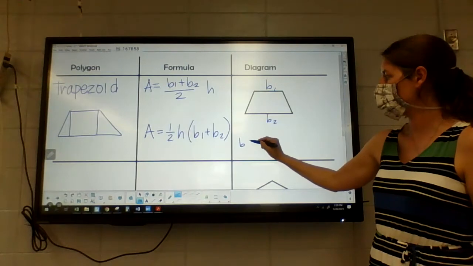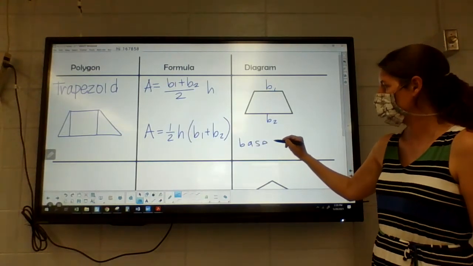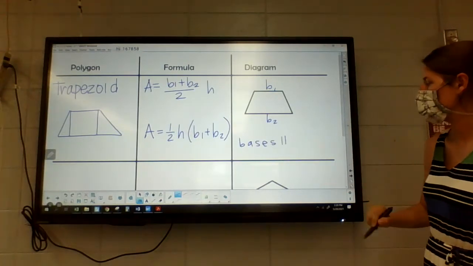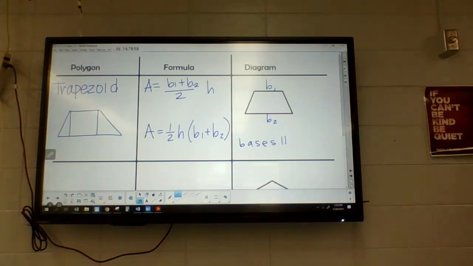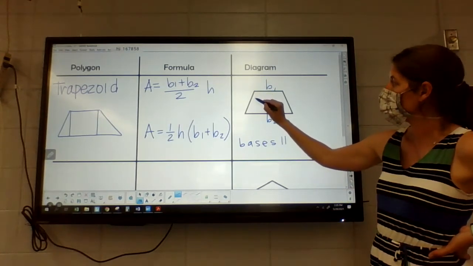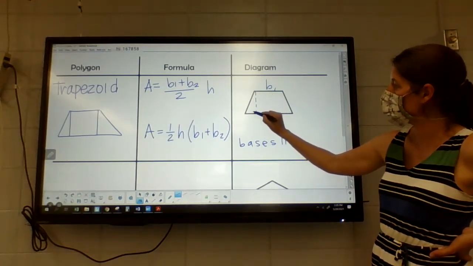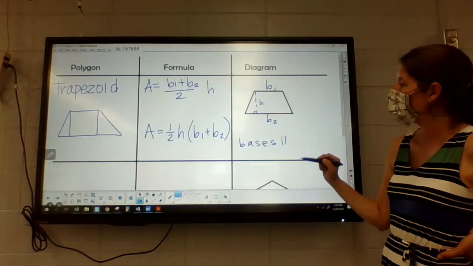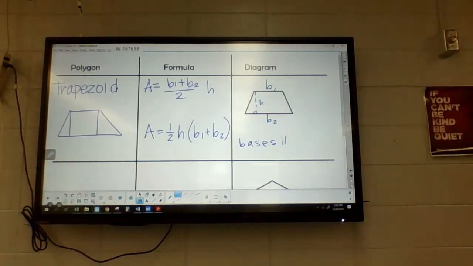Remember, the bases are parallel. So if you're ever unsure about which one the bases are, they're always the parallel sides. Then the height, remember, just like the base and height of a triangle, the base and the height have to be perpendicular. So the height is typically inside the trapezoid, and it's always going to be perpendicular to that base.